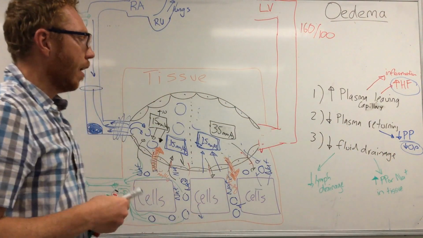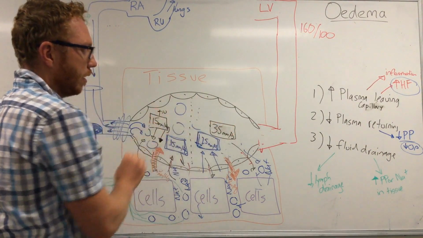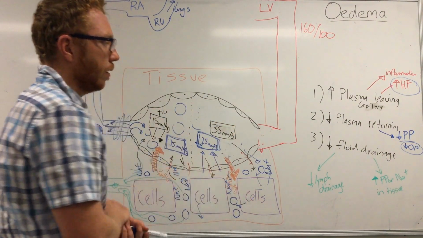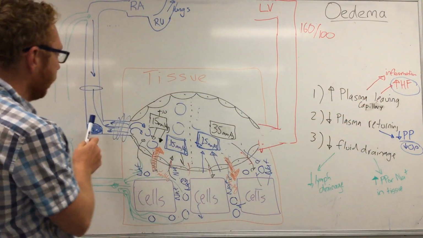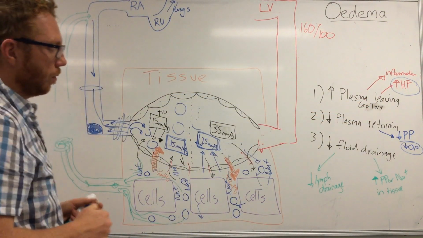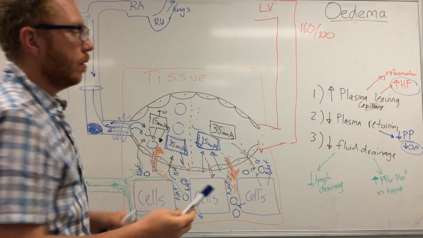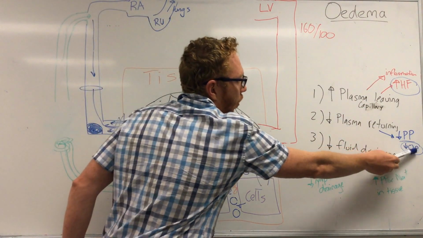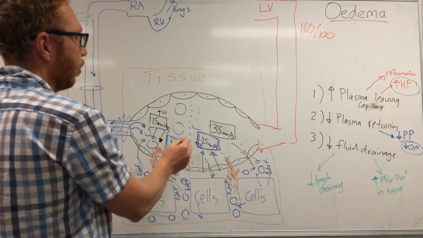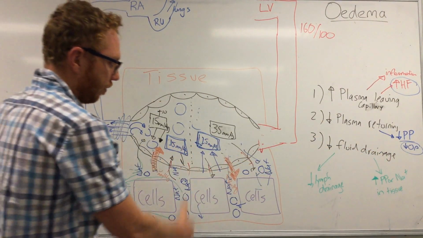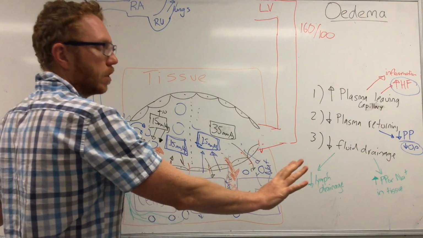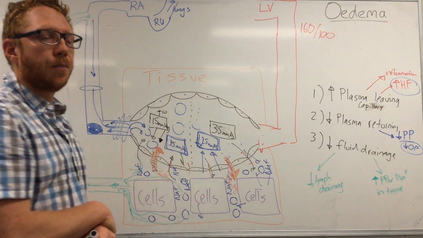So either you've got an increase in hydrostatic forces pushing the fluid into there, like we saw in heart failure, or like we saw with the compression, or a decrease in the oncotic pressure. So you have the plasma protein problem. Fluid goes out into the tissue, you push your finger in, the fluid would disperse, and it becomes pitted.